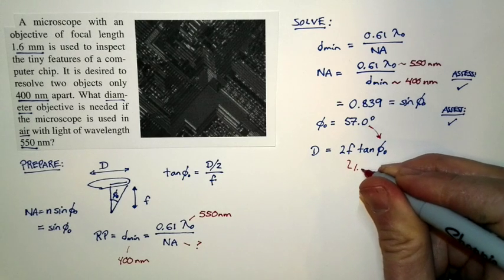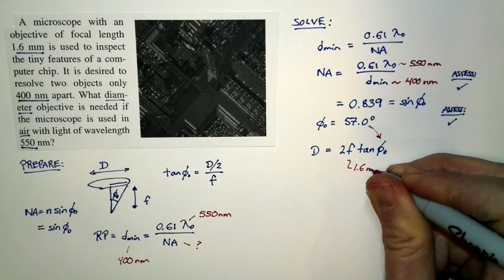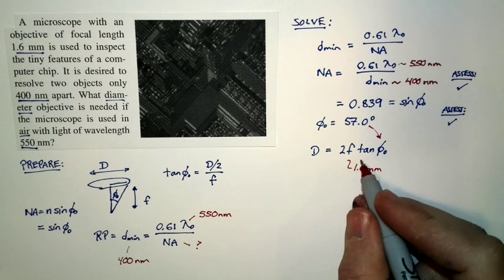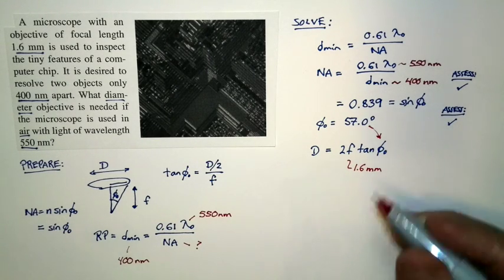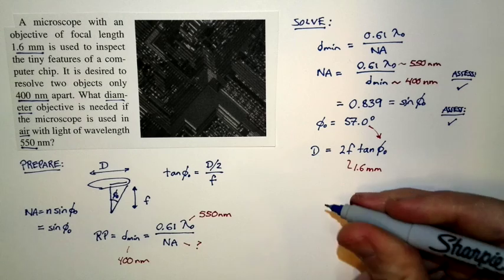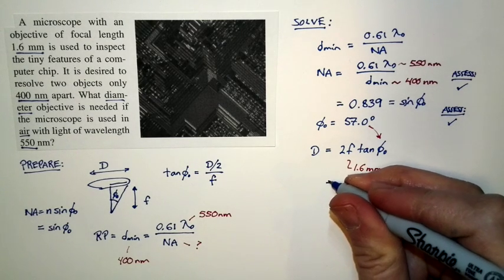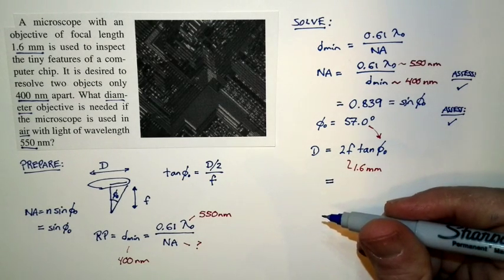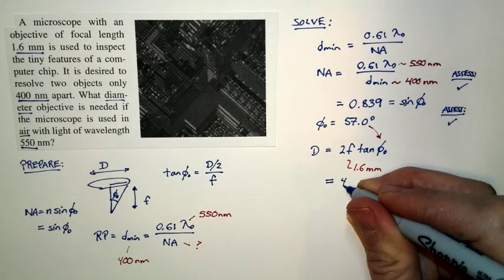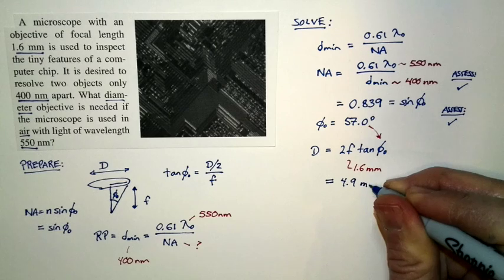The focal length is 1.6 millimeters. And I'm just going to keep this in millimeters. I'm going to multiply it by the tangent of phi 0, which is just a number. And so I'm going to get an answer in millimeters. And if I do this, for d, the diameter of the lens, I get a diameter of 4.9 millimeters.